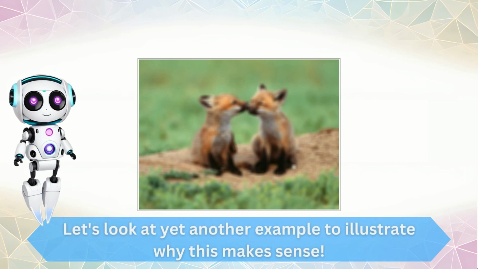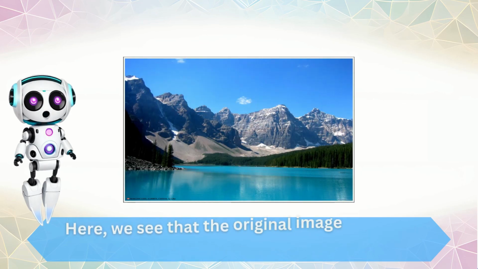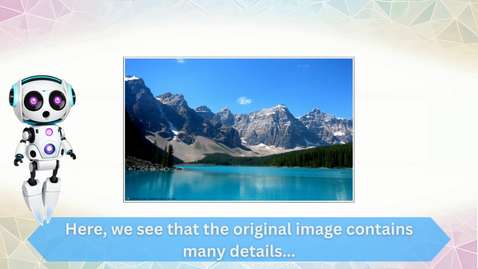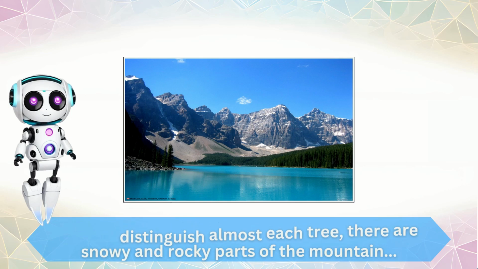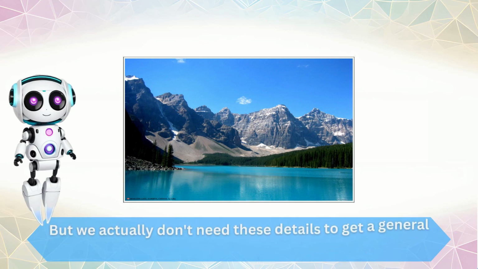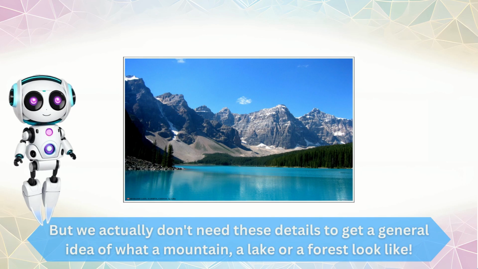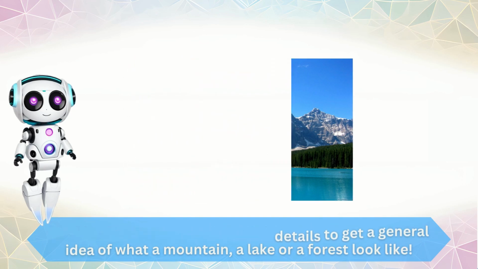Let's look at yet another example to illustrate why this makes sense. Here we see that the original image contains many details. We can distinguish almost each tree. There are snowy and rocky parts of the mountain. But we actually don't need these details to get a general idea of what a mountain, a lake, or a forest look like.